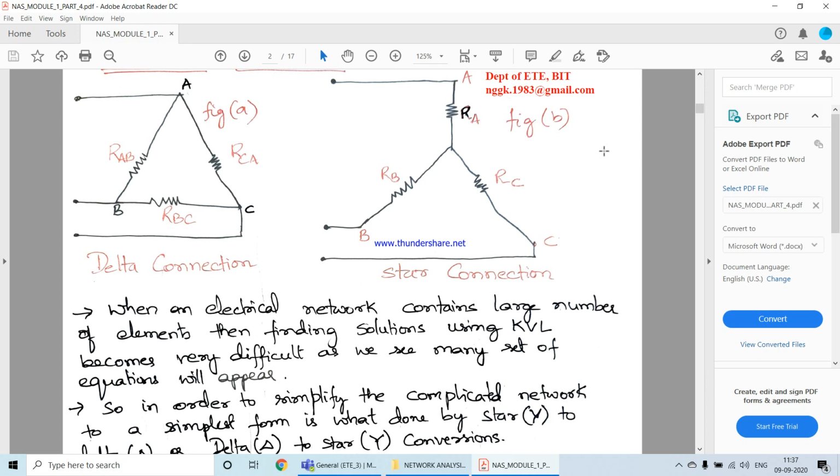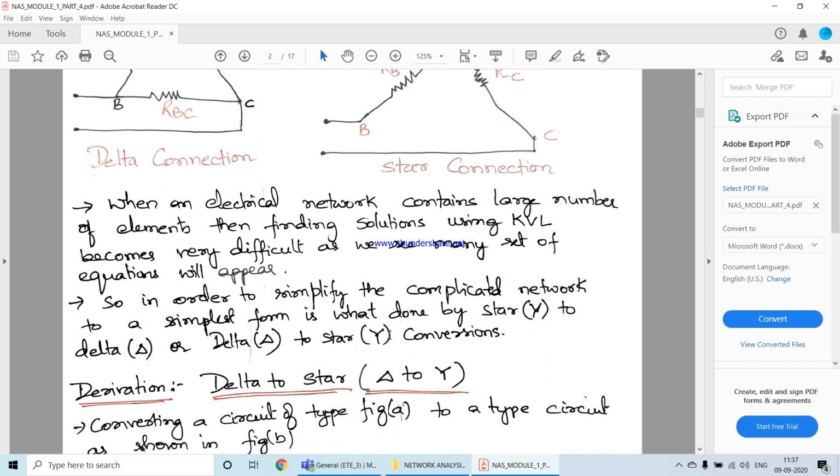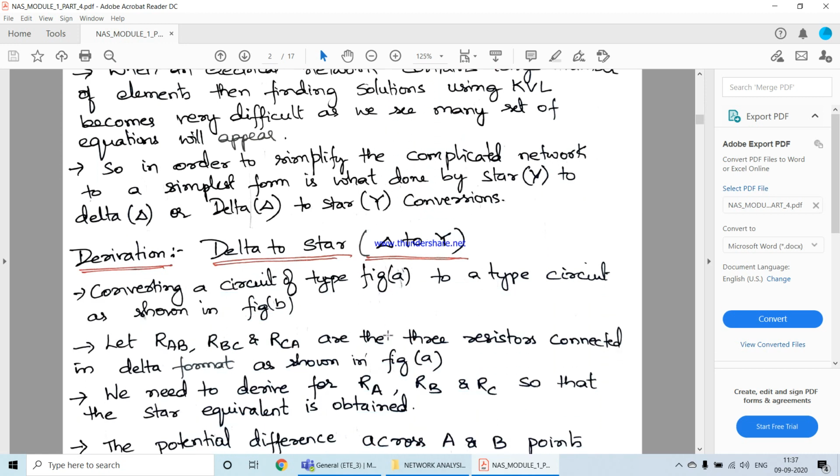Converting figure B to figure A means you have a star network and you convert that star in terms of delta, to a format where you have a delta shape. That is star to delta. Now we'll see how to convert delta to star.